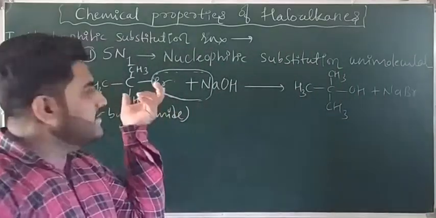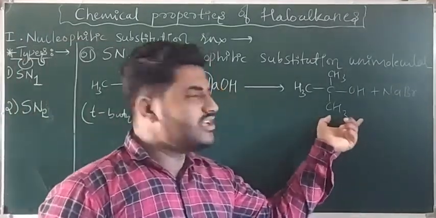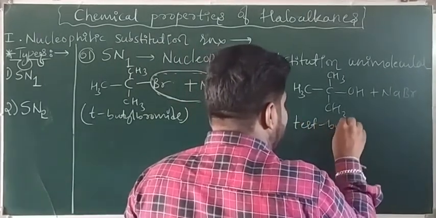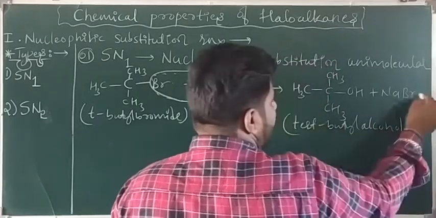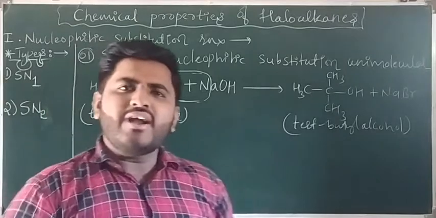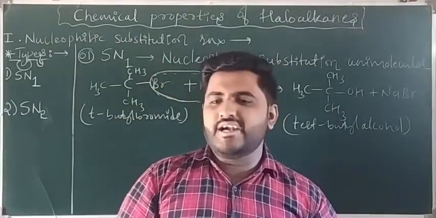So when we add tert butyl bromide to NaOH, we get tertiary butyl alcohol. Sodium bromide is the byproduct. So how is this reaction happening? What is the reaction pathway? What we can call the mechanism of this reaction, we will study now.